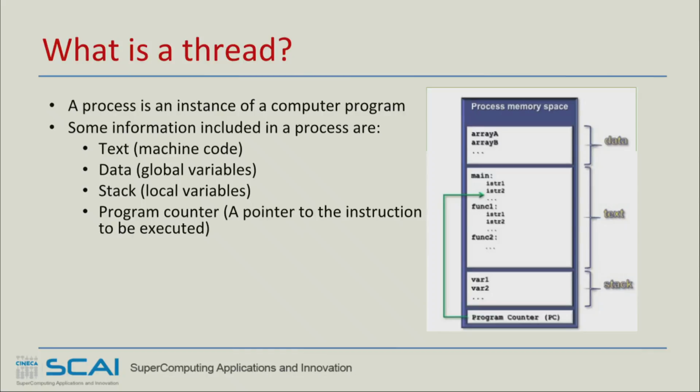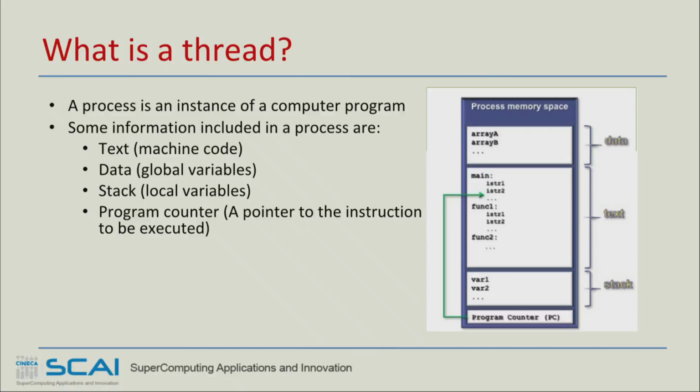In general, a process is an instance of a computer program, and there are some things that characterize a process. In particular, a process is characterized by the machine code, that is the translation made by the compiler from the source code to the machine code, so some text. Then you have global variables, so data, that are also called data heap.